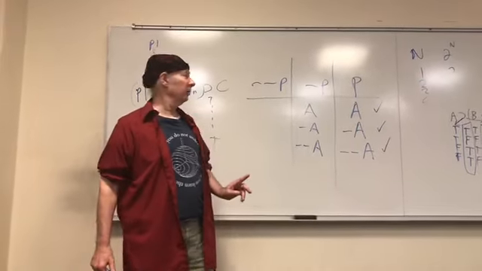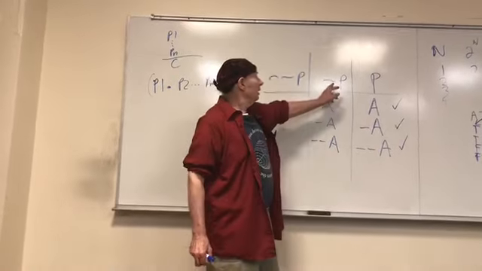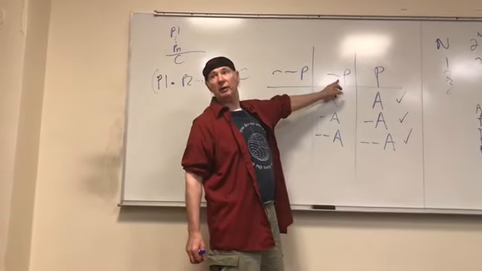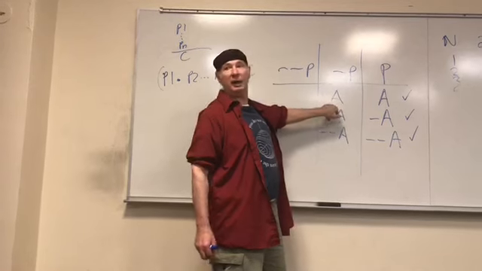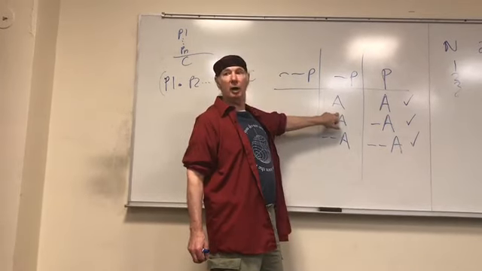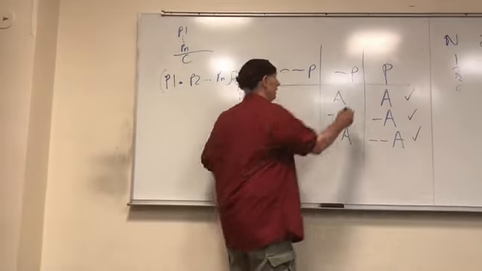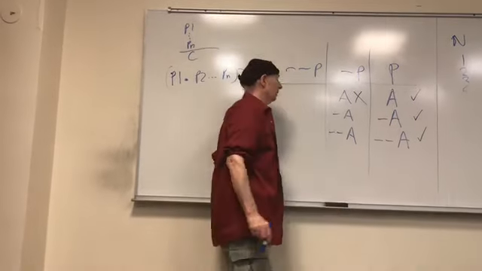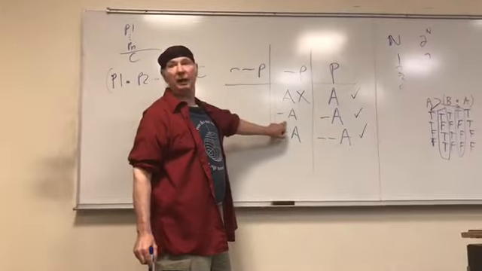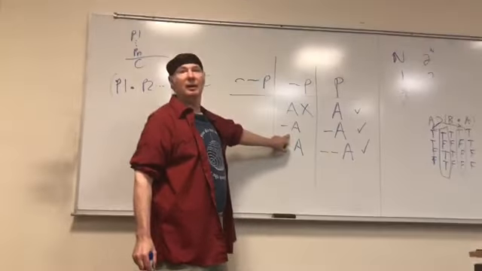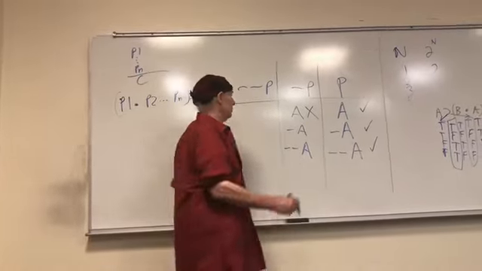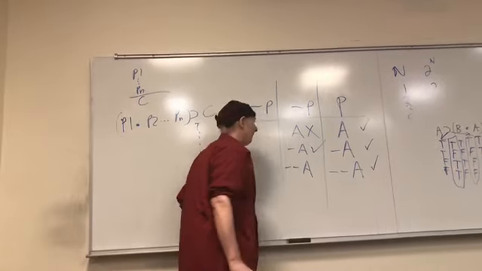Okay, look carefully. This has a squiggle. Does A have a squiggle? No, so it cannot be a substitution instance. It cannot have that shape. Does squiggle A have a squiggle? Thus, it is a substitution instance.